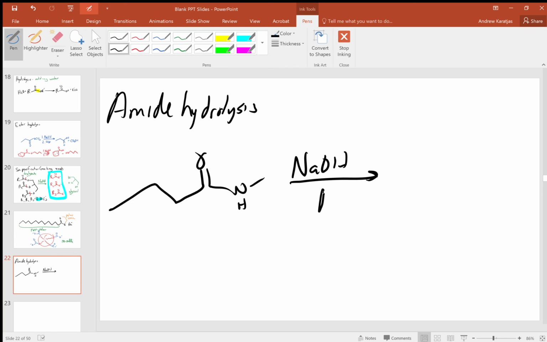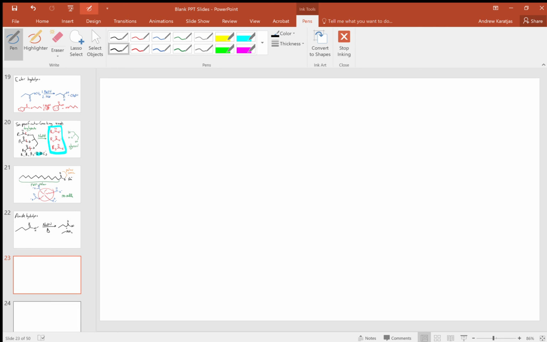Add sodium hydroxide and heat to it, and your amide will eventually break apart into the carboxylic acid plus an amine. And amide hydrolysis is highly important because we talked about amidation being how we put amino acids together to form proteins. Amide hydrolysis is how you break them apart.